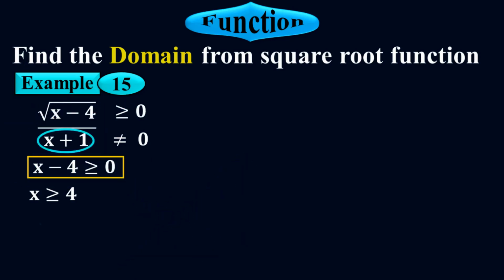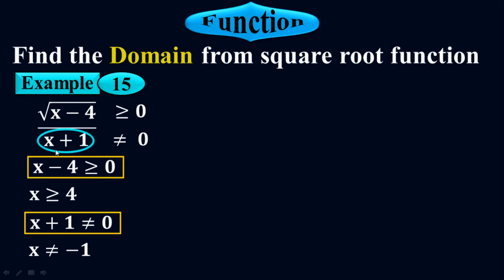In the denominator, x plus 1 is not equal to 0, which means that x is not equal to negative 1. If I substitute x equals negative 1, negative 1 plus 1 will be 0, and then I will get something over 0, which is an indeterminate form, and it is invalid. I must avoid it, so I can't put x equals negative 1.